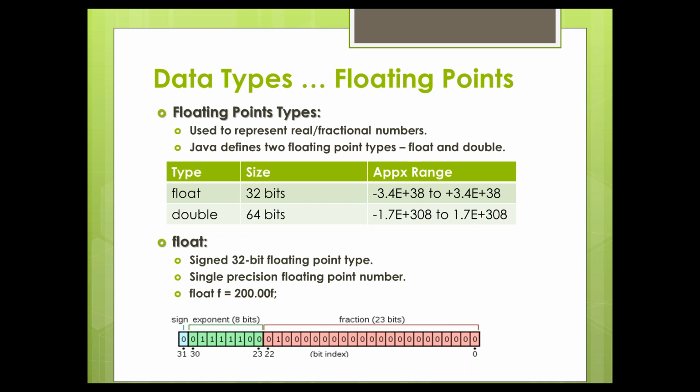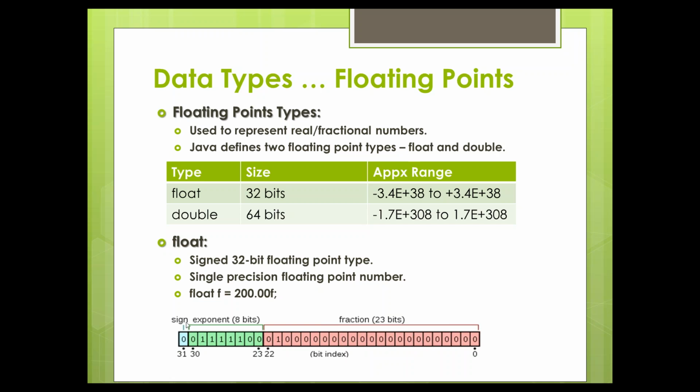In the case of byte, the 7th bit will be used for representing your sign. In short, the 15th bit will be used for storing your sign. In int, as I am showing here, the 31st bit is used for storing your sign, and for long, the 63rd bit is used for storing your sign.